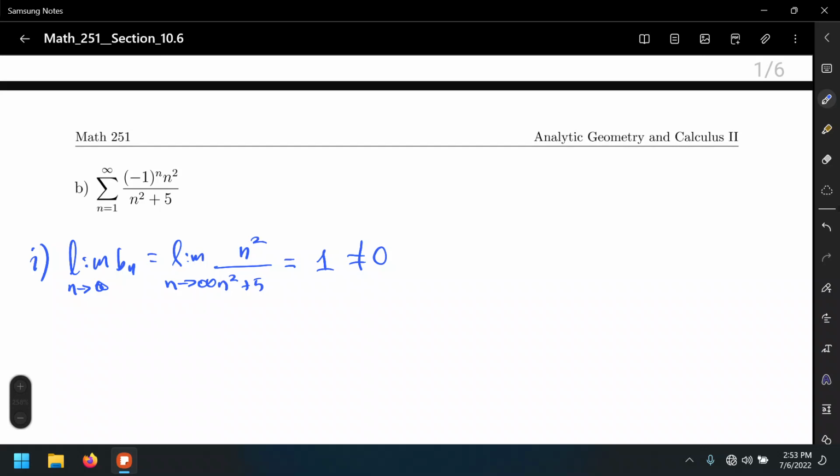And this means it diverges. Does that look familiar to something we have done before? If so, what is that?